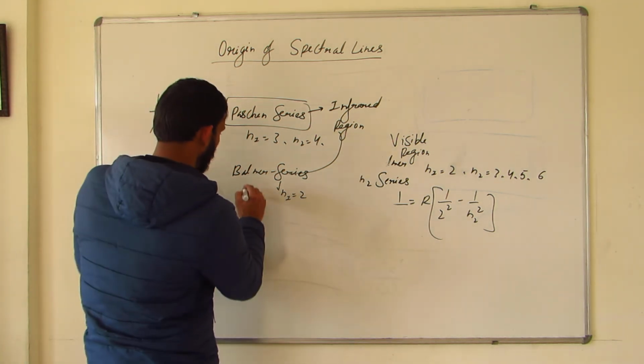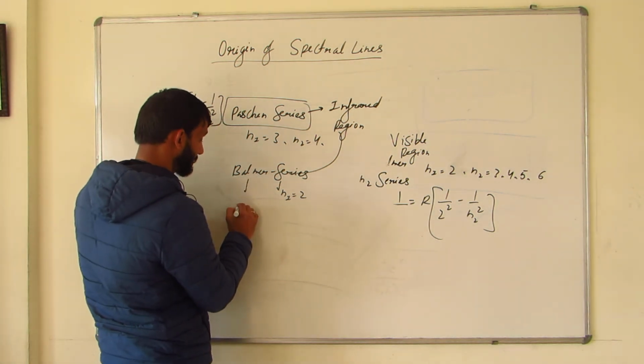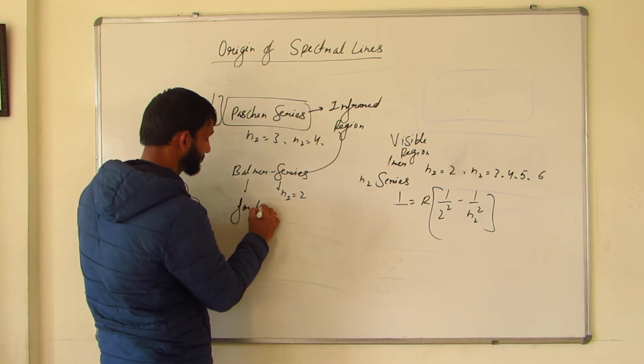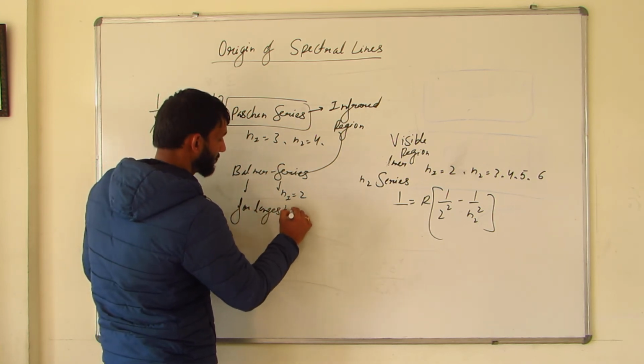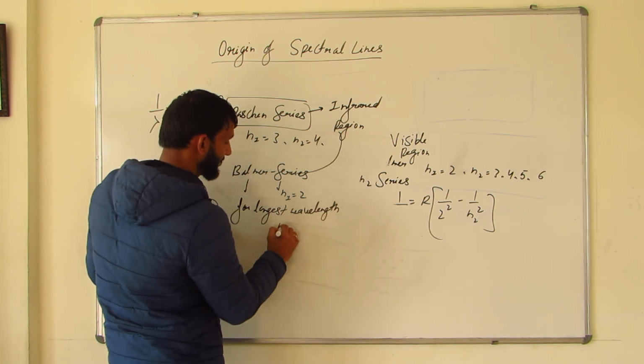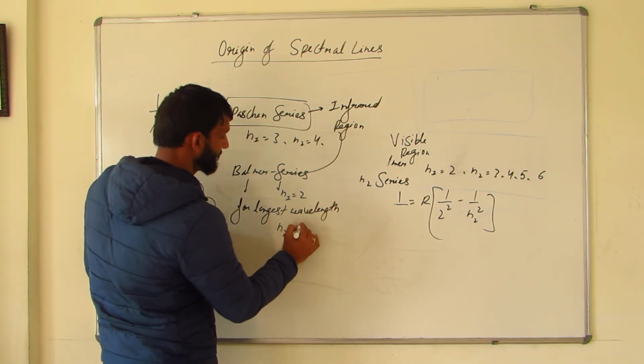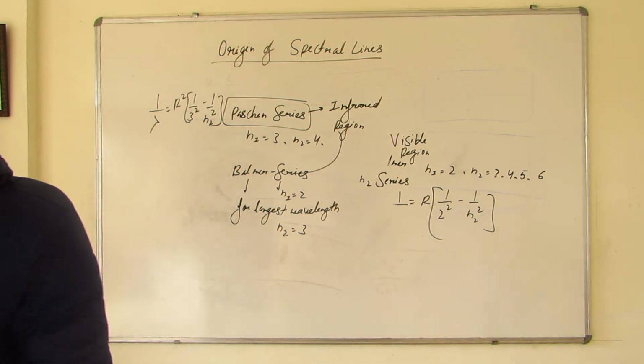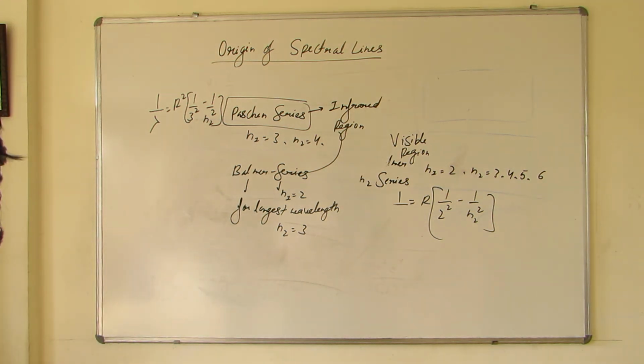So they are saying the longest wavelength. For the longest wavelength in case of Balmer series, n2 will be 3, right? They are asking you to determine the largest wavelength.